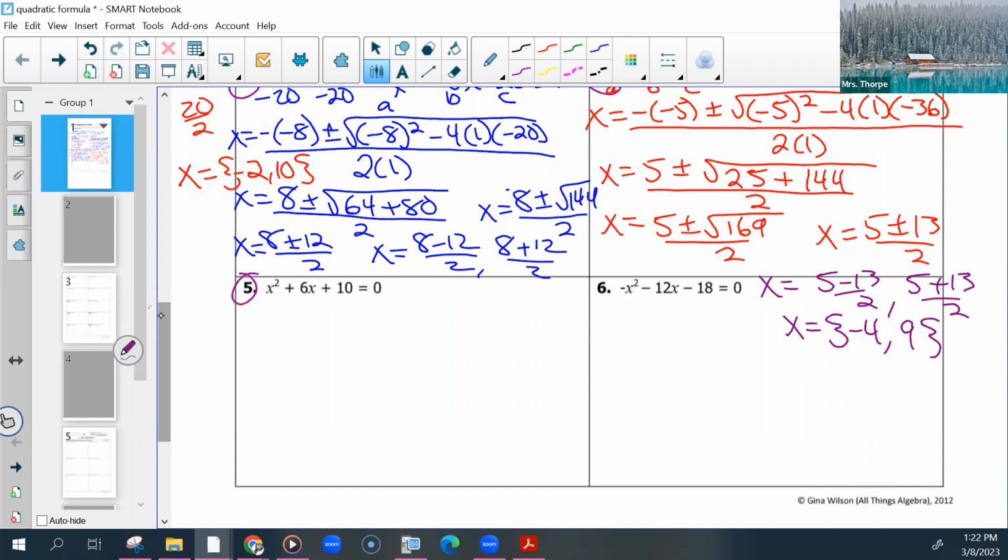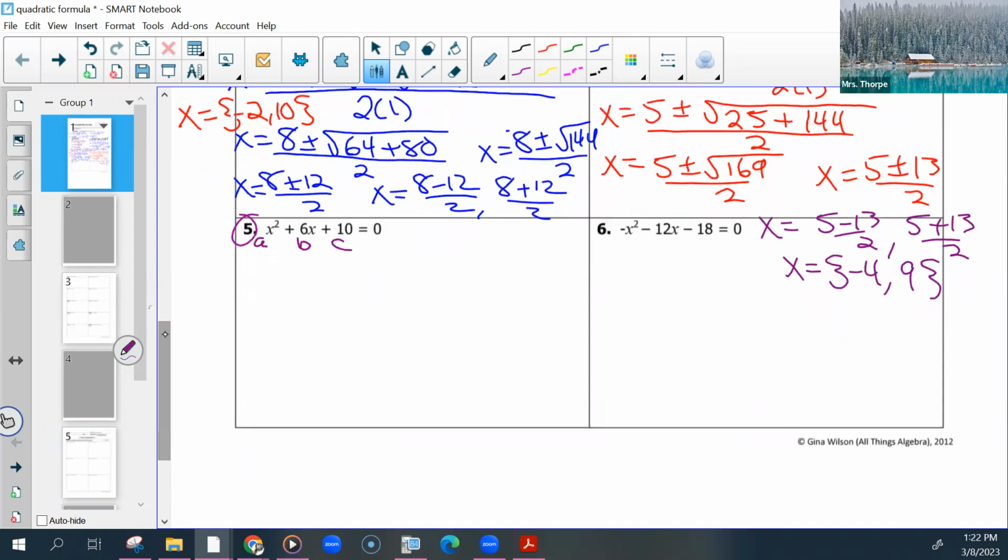Last one. Number 5 is already in the format, so label A, B, and C. Start to put it in your format. I'm gonna maybe skip some stuff. So x equals -6 plus or minus the square root of 6 squared would give us 36.